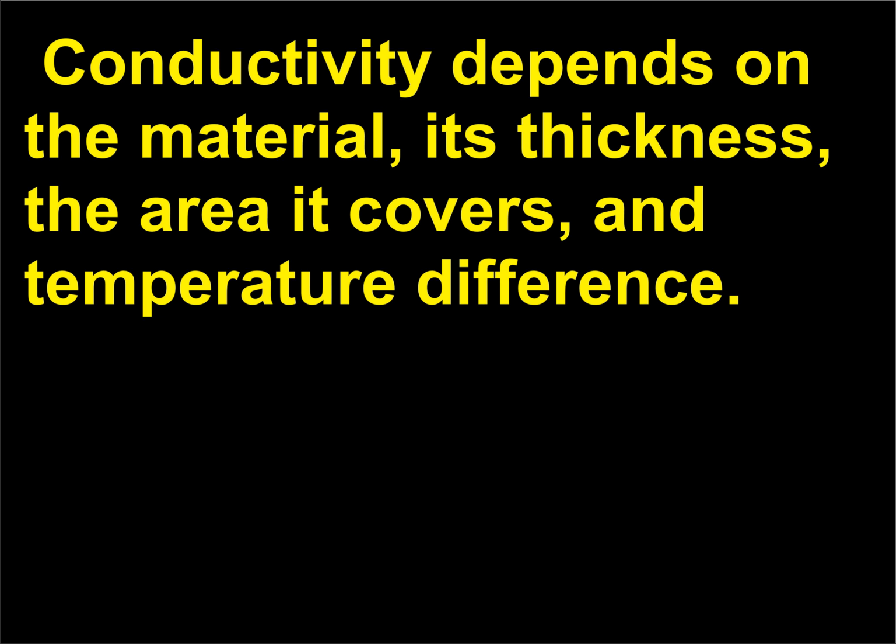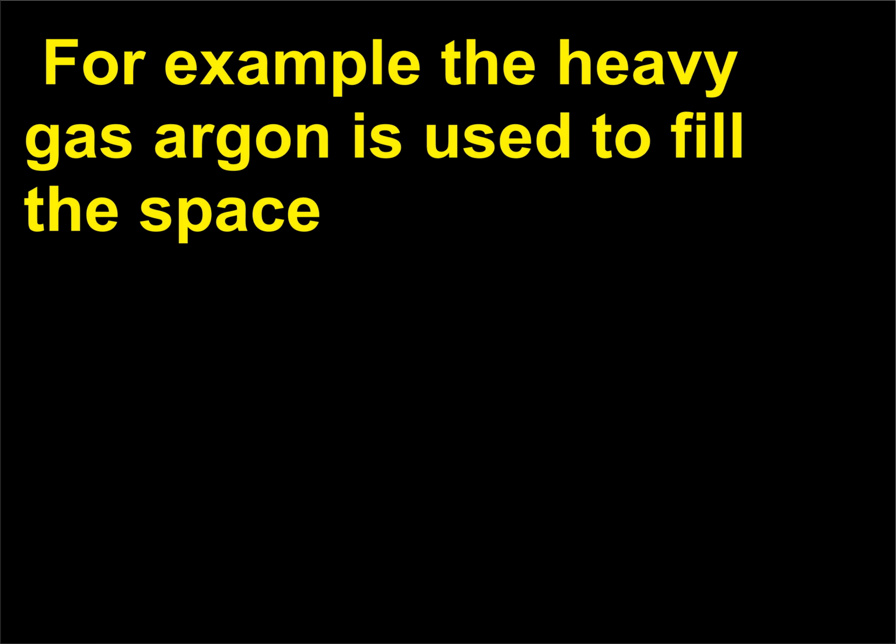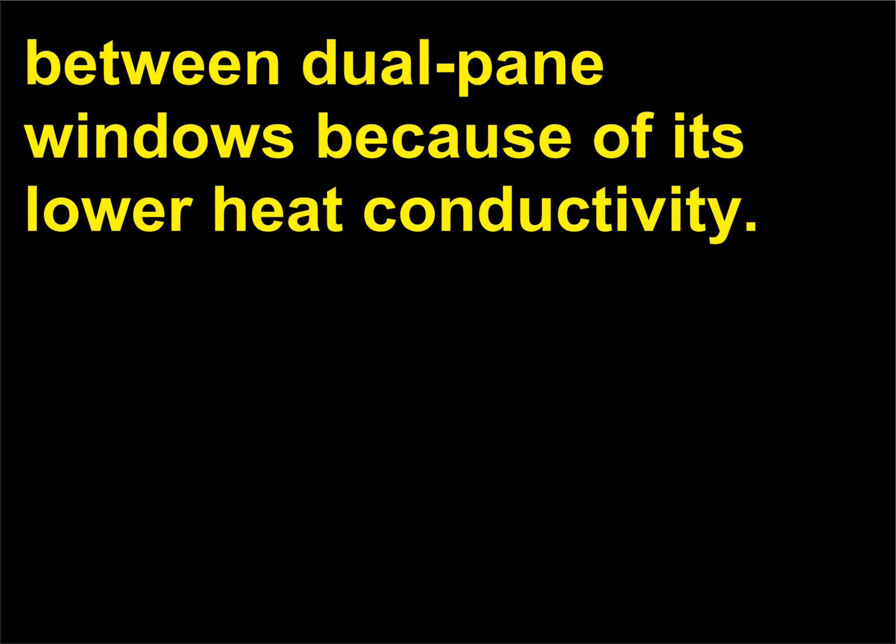Conductivity depends on the material, its thickness, the area it covers, and temperature difference. Light gases have better conductivity than heavier gases. For example, the heavy gas argon is used to fill the space between dual pane windows because of its lower heat conductivity.